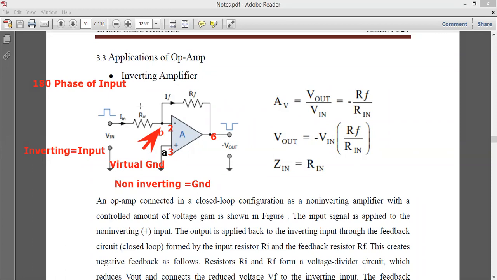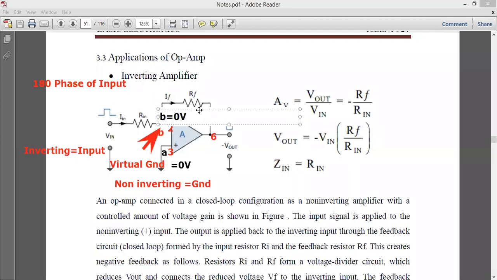But if you look at this diagram, pin number 3 is connected to ground. Ground means how much voltage? It should be equal to 0 volt. This point 3 is connected to 0 volt. So by the concept of virtual ground, point B will always be equal to 0 volt.